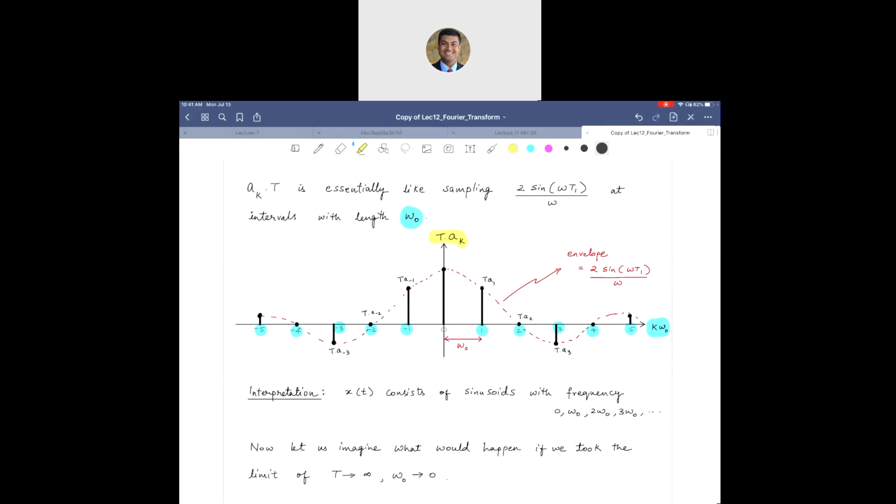And we derived earlier that the envelope of T times a_k is 2 sin(ωT1) divided by ω. So if I evaluate this when ω is kω0, I essentially get those black samples of the sinc function.